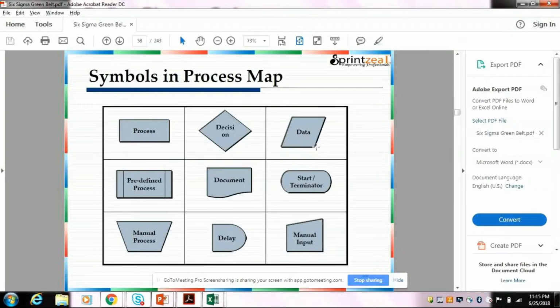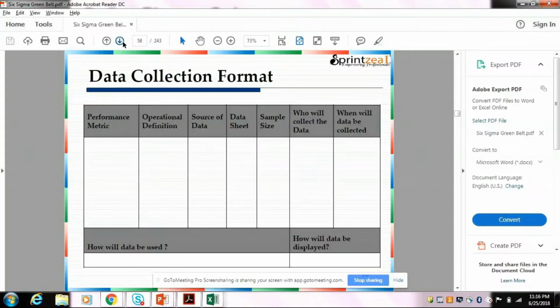Any step where you have data would come like this. Any delay in the process, any manual process, and any manual input. Again, there is no hard and fast rule. You can customize process mapping, but these are generally the symbols that you should use while doing the process mapping. But then again, you can customize it as per your own need.